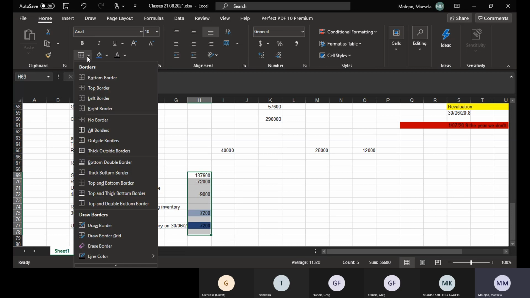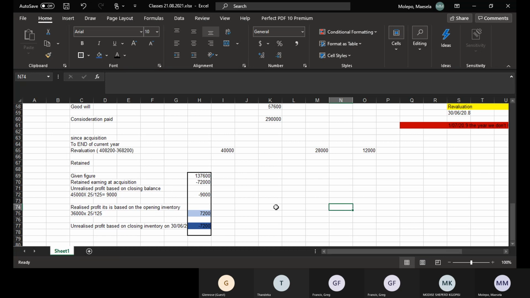We're going to add all of this together: 137,600 minus 7.2 minus 9,000 plus 7.2 minus 7.2. Then they give us the value of 56,600.